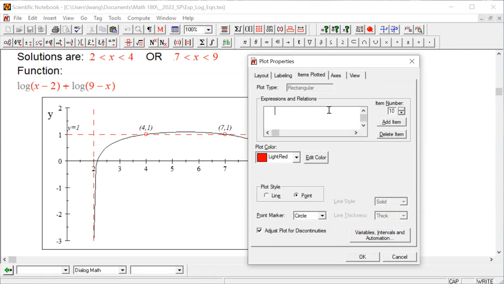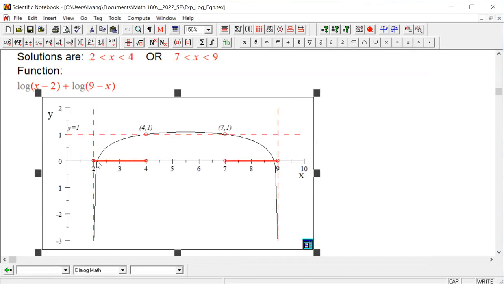Circles, we got 4 circles. And there. So these are the solutions from 2 to 4, right?